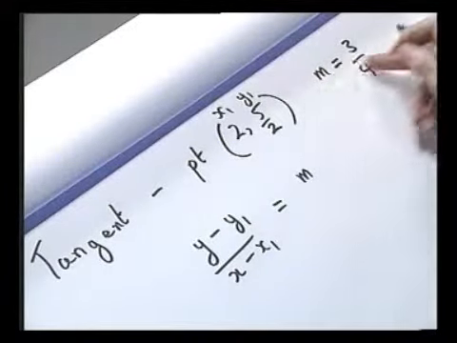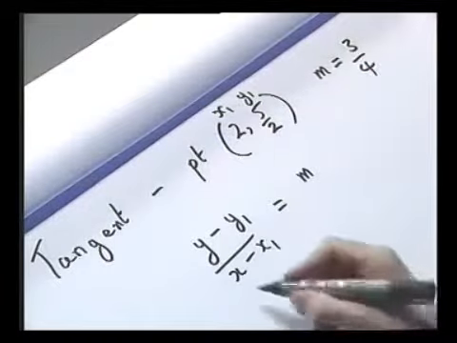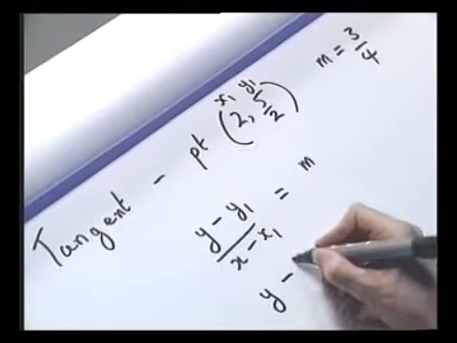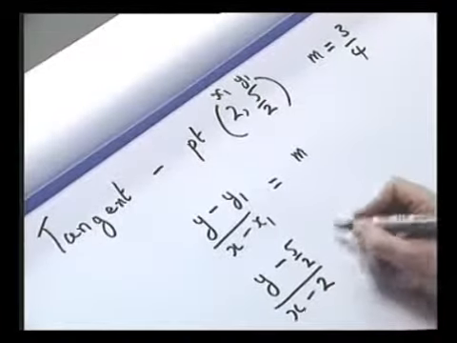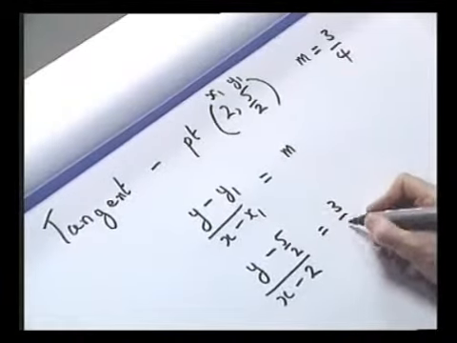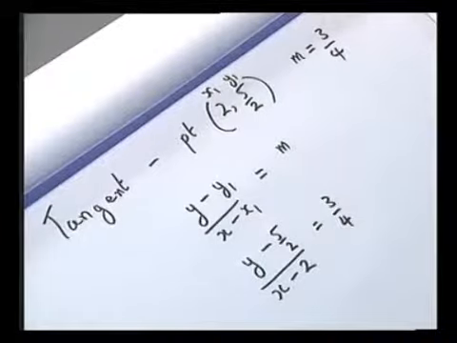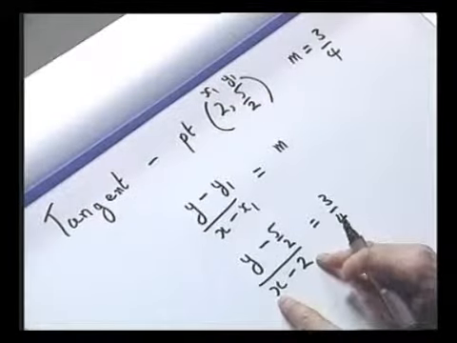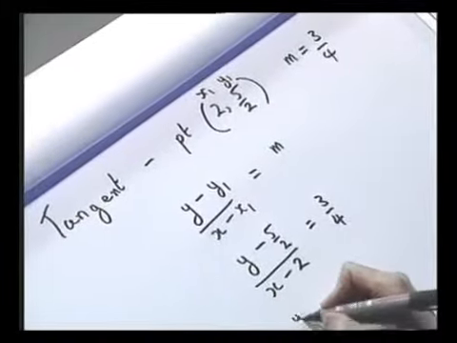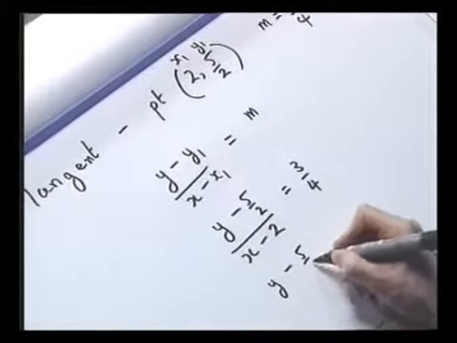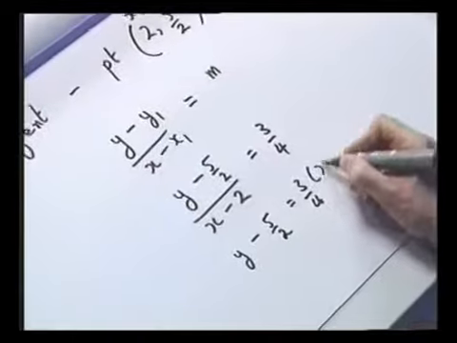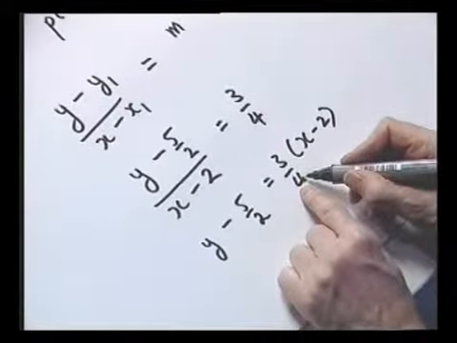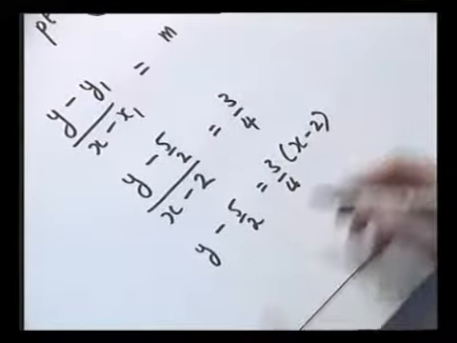So now we can substitute these things into here. (y minus 5/2) over (x minus 2) is equal to 3/4. Let me multiply both sides by x minus 2. And then let's multiply both sides by this 4.